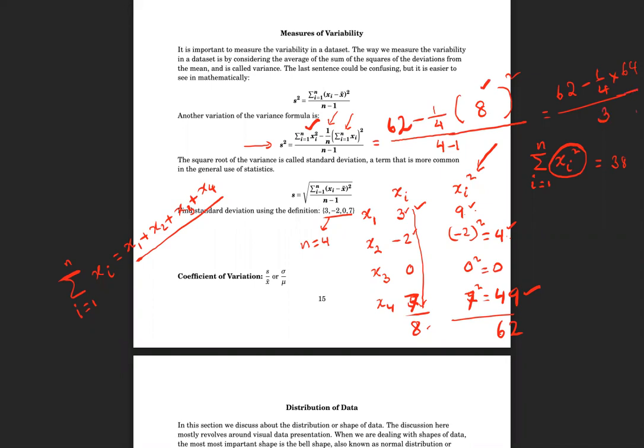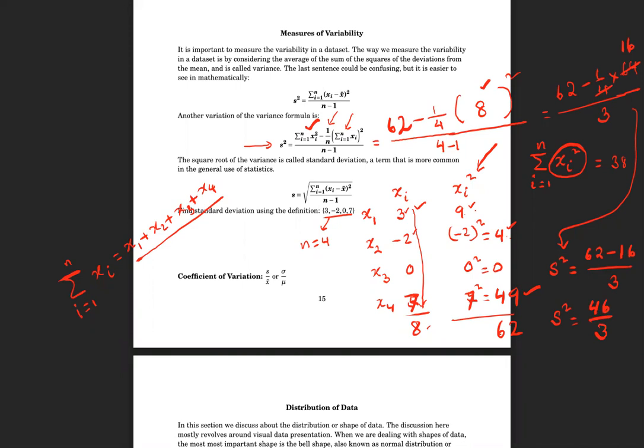Now I'm going to just bring it down here. S squared is equal to 62 minus, 4 goes into 64 16 times. So it's going to be 16 divided by 3. 62 minus 16 is 46 over 3. If you remember from the last calculation, S square was 46 over 3 in the last calculation as well.